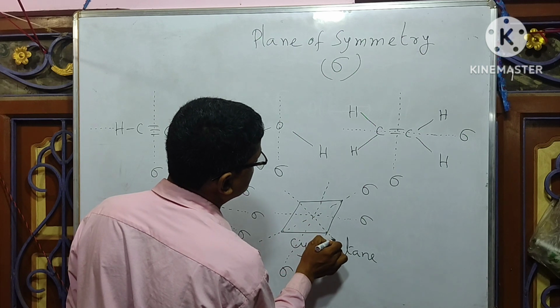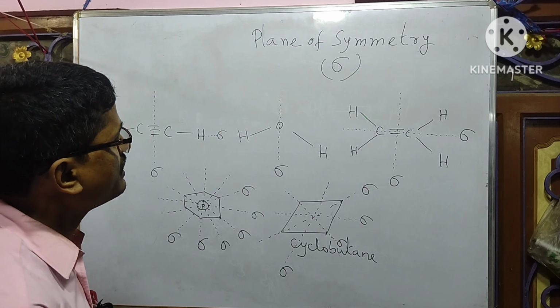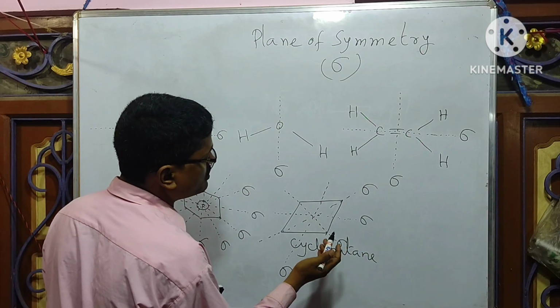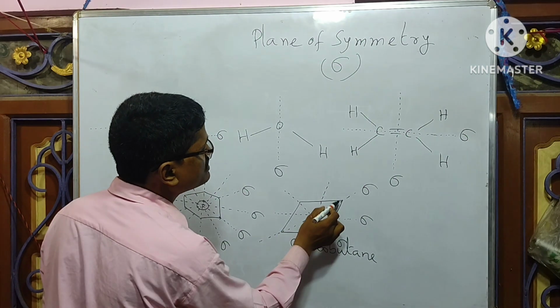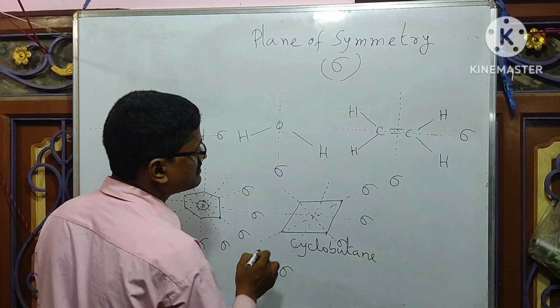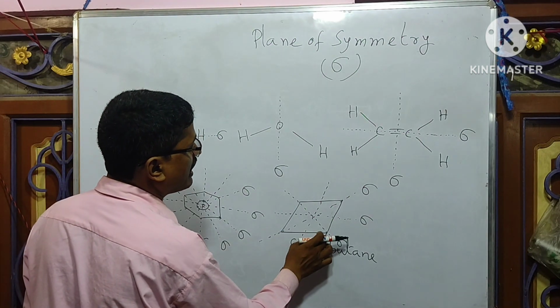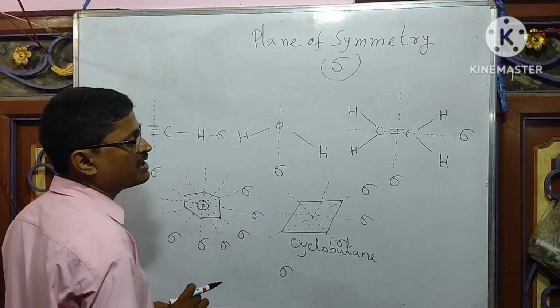One sigma plane is possible along the dotted line, and another sigma plane is possible along the plane of the carbon skeleton system. That is the plane in which the 4 carbon atoms of the cyclic compound exist.